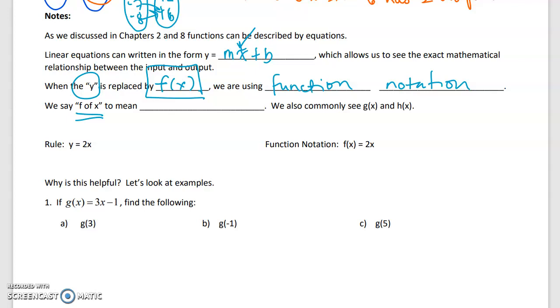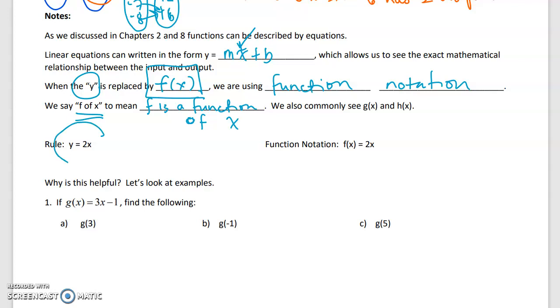It's not like f times x or fx. It's f of x. And what we mean is the f is a function of x. And so really all we're doing here is replacing the y with this new notation f of x.